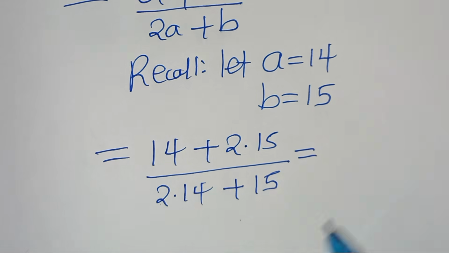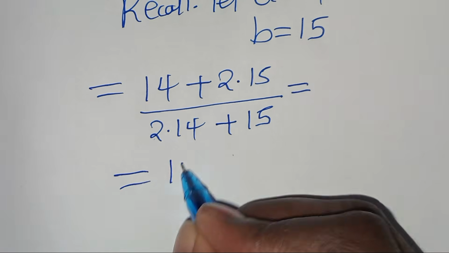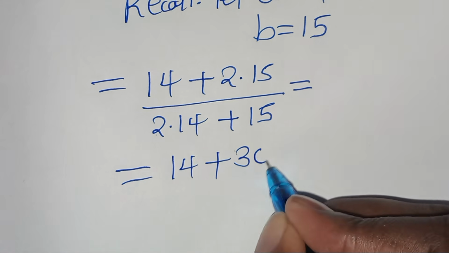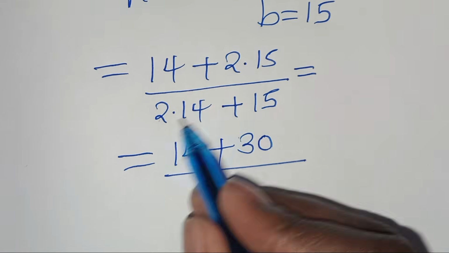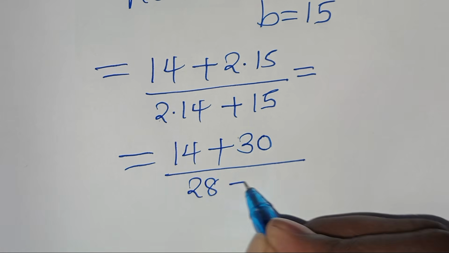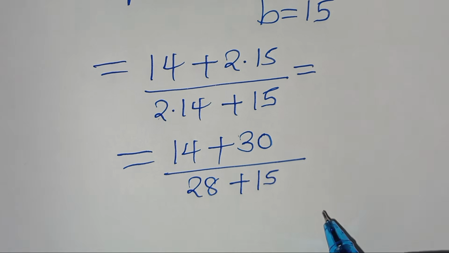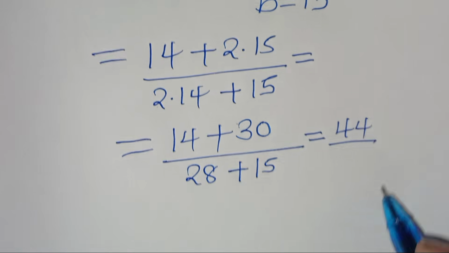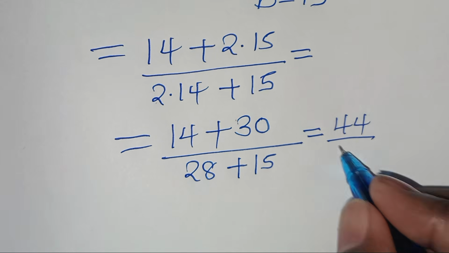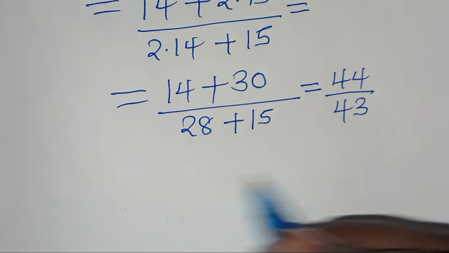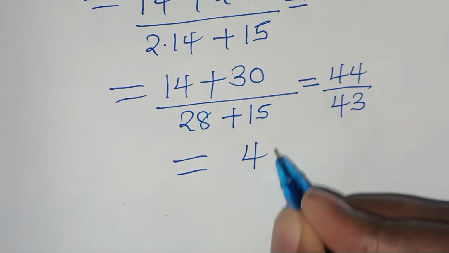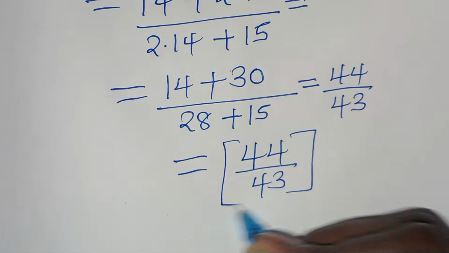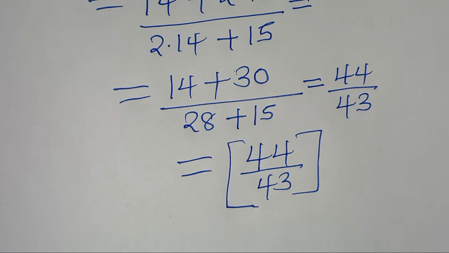So this is equal to 14 plus 15 times 2, which is 30, divided by 14 times 2, which is 28, then plus 15. So this means that this is equal to 44 divided by 28 plus 15, which is 43. So here we have the solution as 44 over 43. So this is the solution to this math problem.